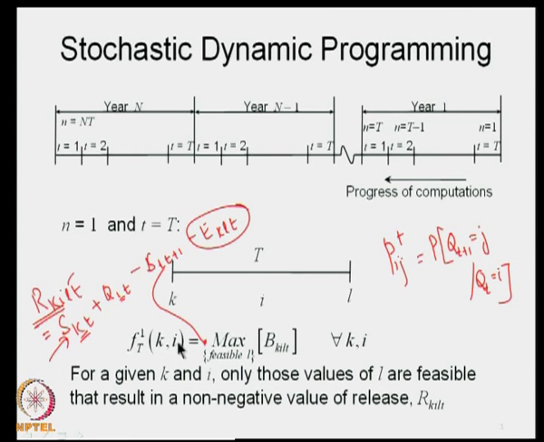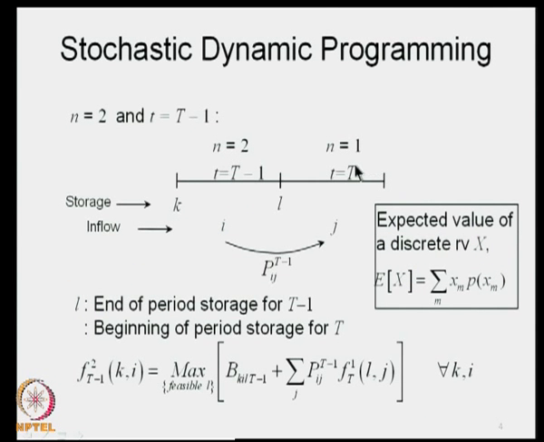We need both these values K and I for that particular time period. So, L is what defines the beginning of the period storage for this particular time. We need the inflow, which is J when we are reckoning time period T minus 1.